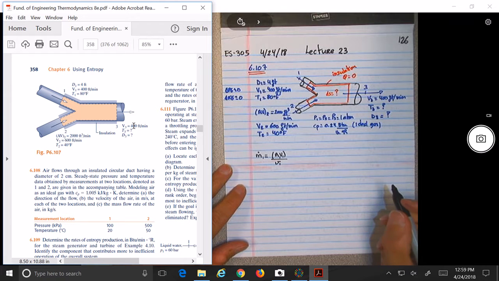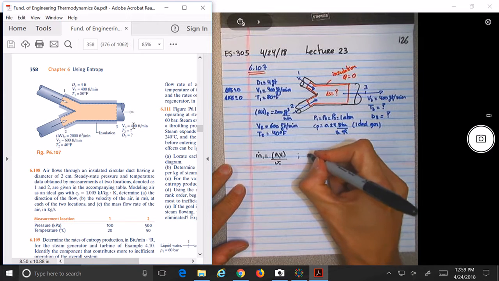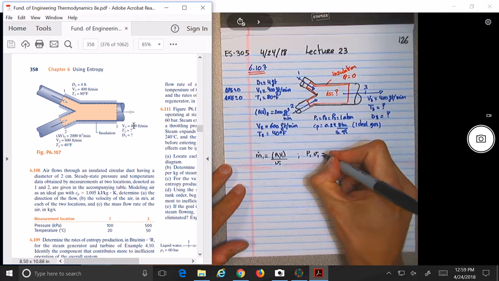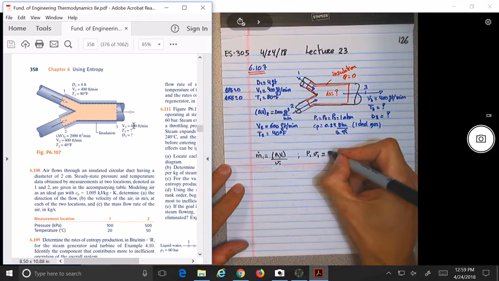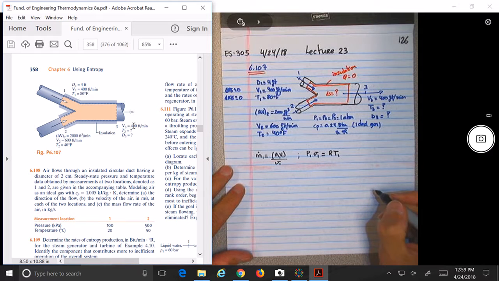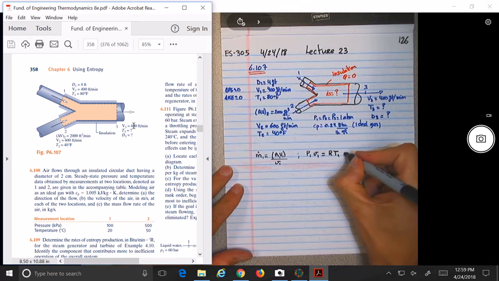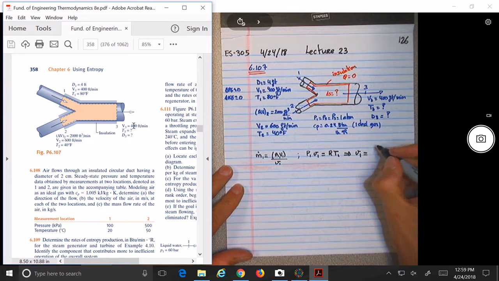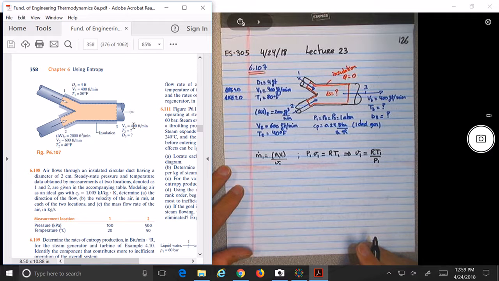Okay? So let's see, if we use the ideal gas model, what do we have? We have P1 v1, correct? Would be equal to what? RT, which would be RT1. So we know the temperature, so we can rewrite from over here, v1 is equal to RT1 divided by P1.